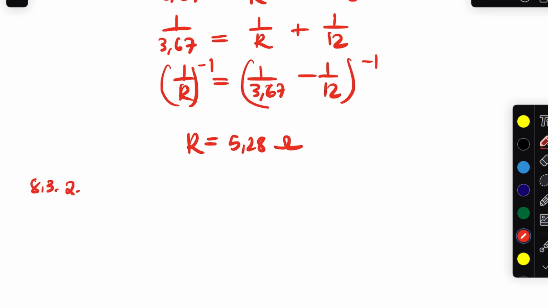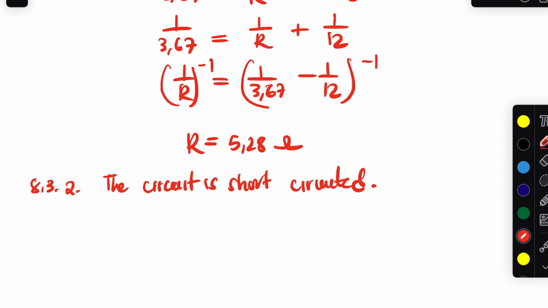8.3.2. The circuit is short-circuited. Why is it short-circuited?